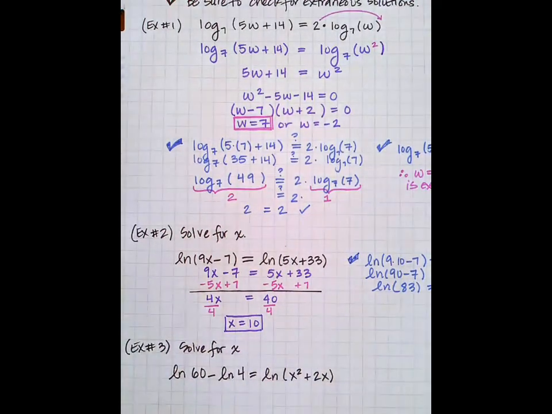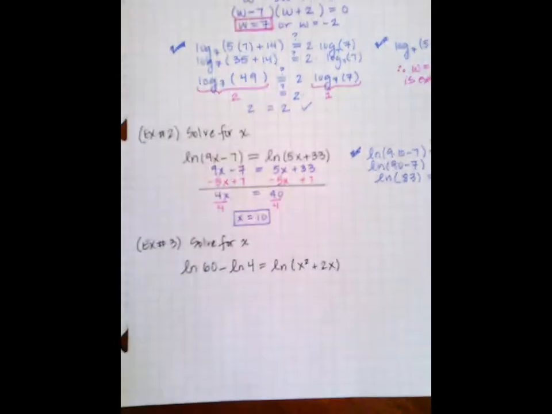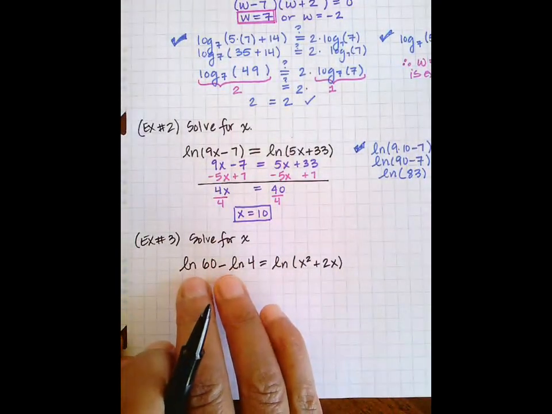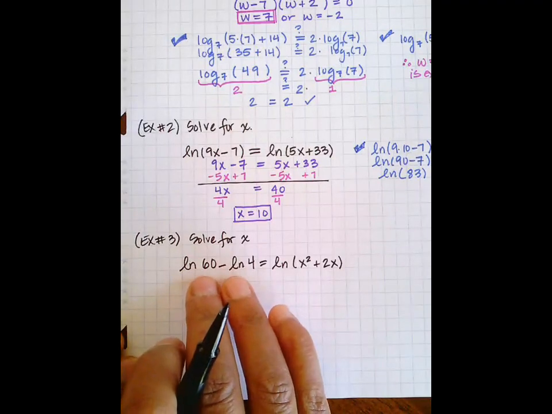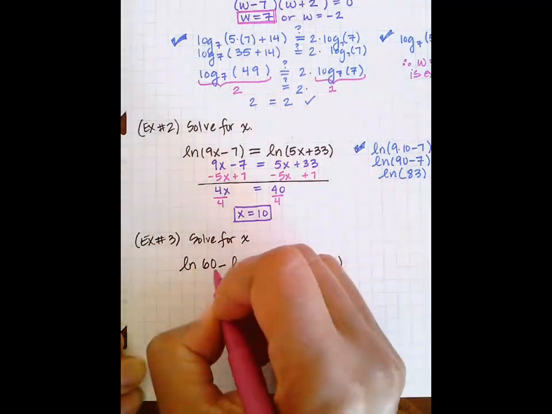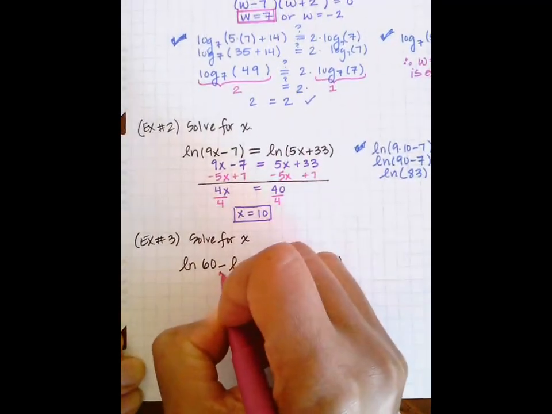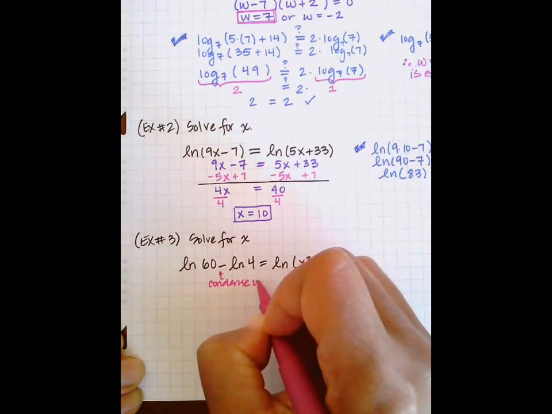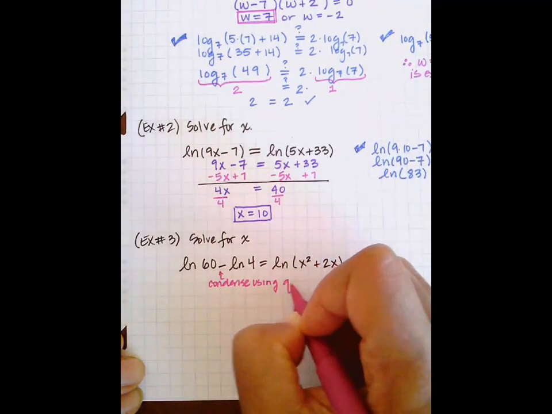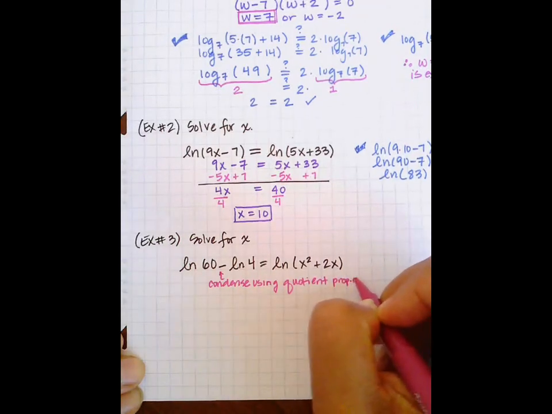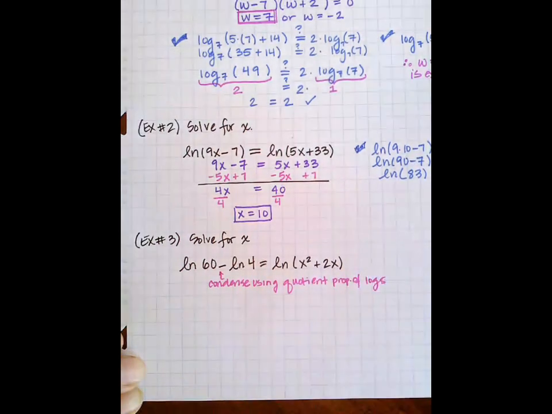So we've got a pretty complicated looking logarithm on the right there. That's a quadratic logarithm. And over here, we actually have just logarithms that don't vary at all, but I can consolidate these two together. I see a subtraction problem here, so I can condense these two together using the quotient property of logs.